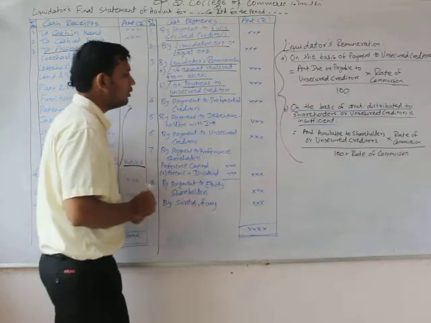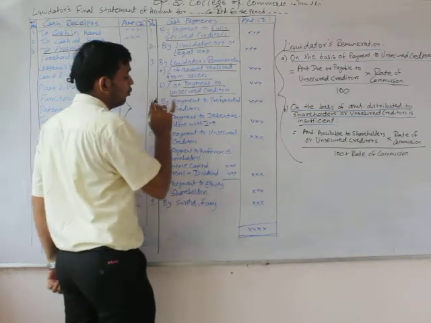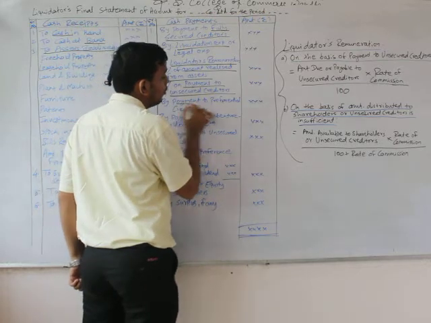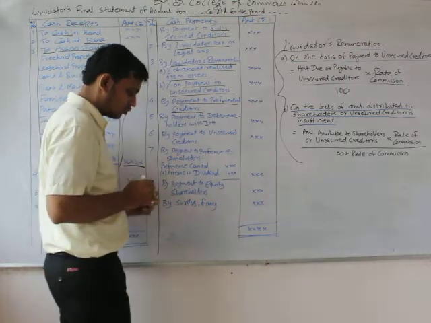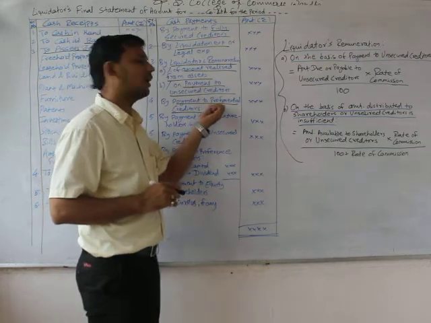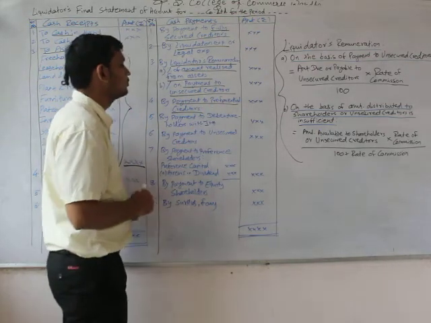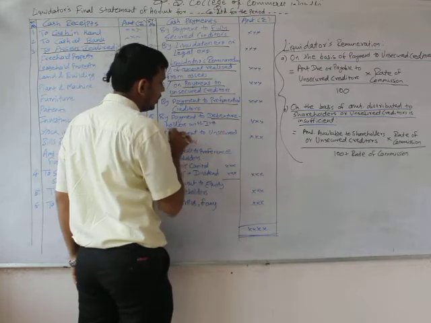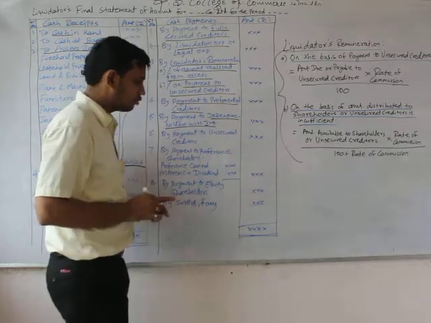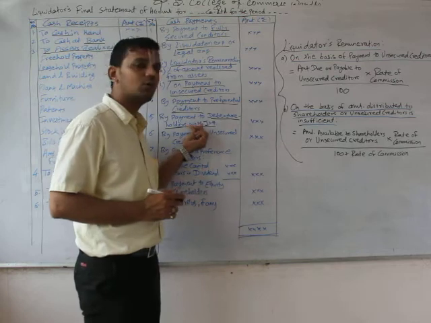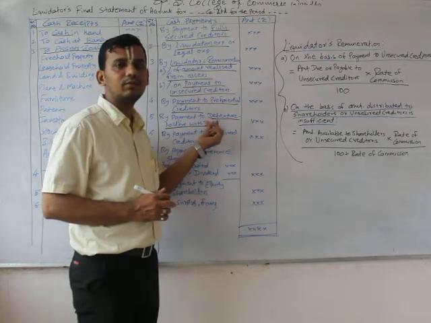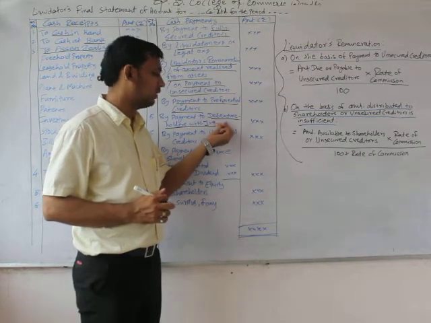Then the fourth thing would be payment to preferential creditors. Preferential creditors are to be paid earlier as compared to other creditors. Then comes payment to debenture holders with interest. First of all, we have to pay the debenture holder. If funds are available, then we would go for paying of interest.